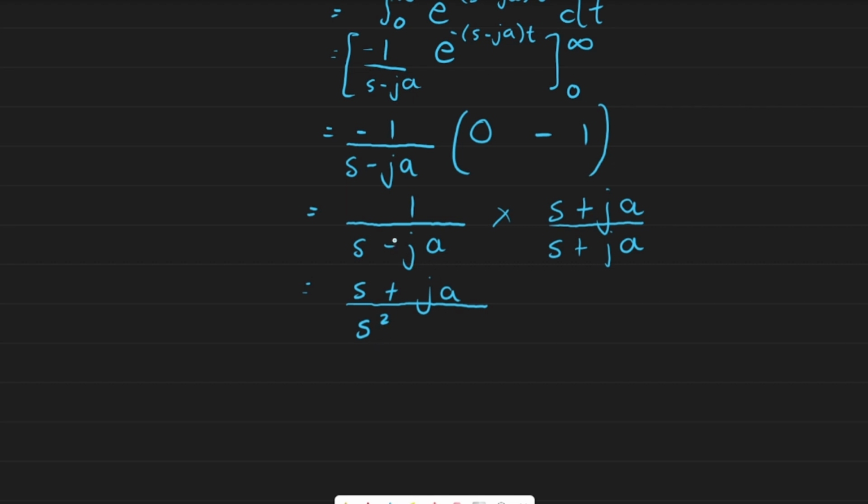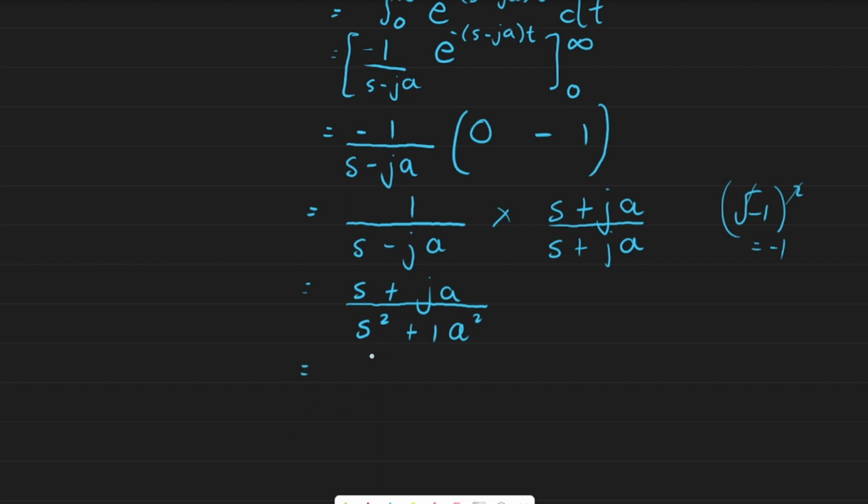And we have now ja times ja. So a times a gives us a squared, firstly. Now this j times j is just the square root of minus 1 squared, because j is the square root of minus 1. So the square root and the square essentially cancel, and we're left with minus 1. So we have minus 1 times minus 1, which gives us plus 1.